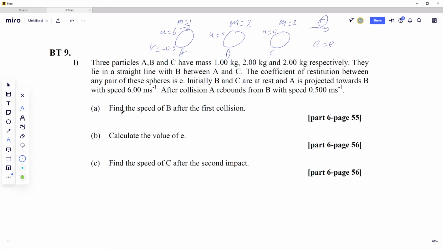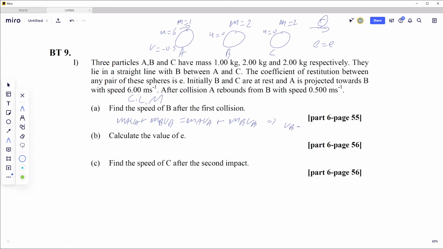So find the speed of B, conservation of linear momentum, MA UA plus MB UB equals MA VA plus MB VB, and then just solve for VB.